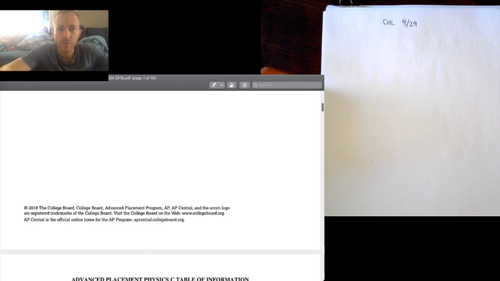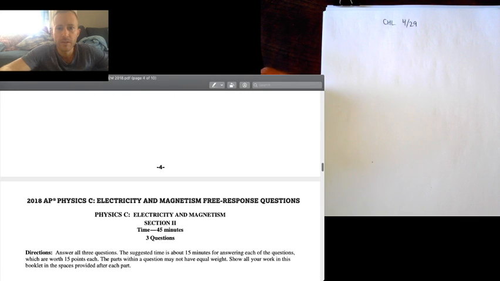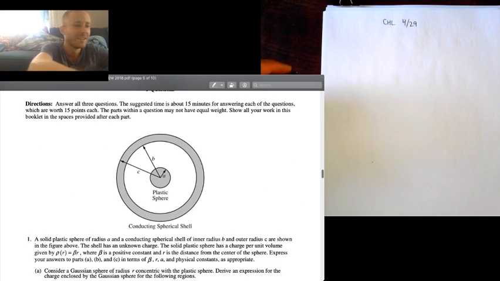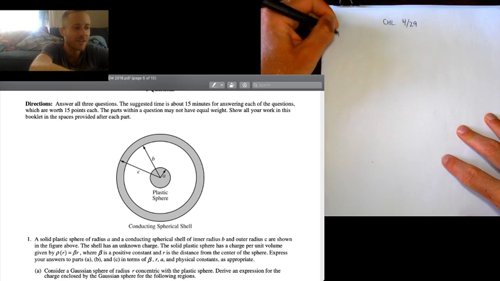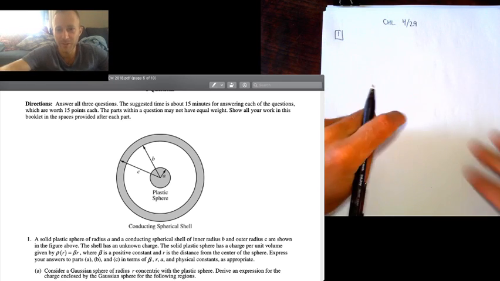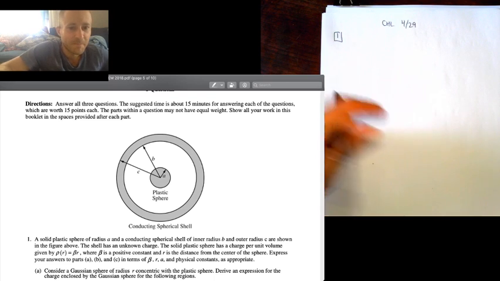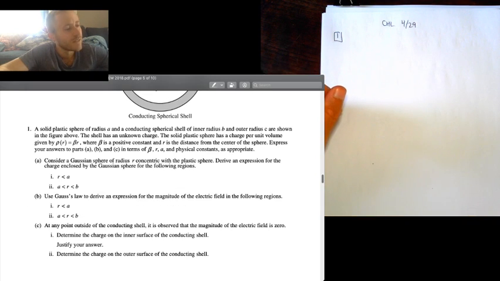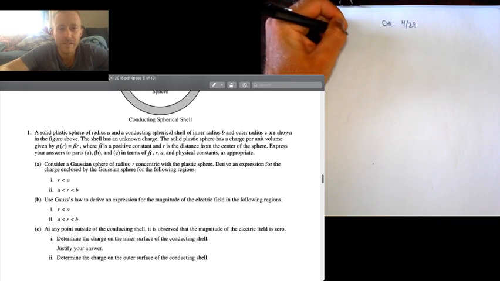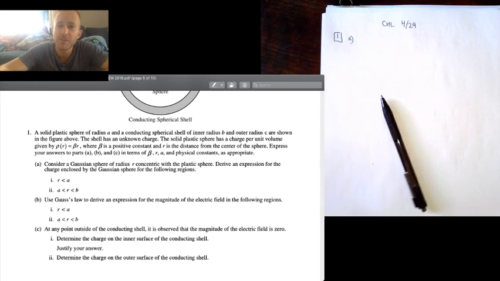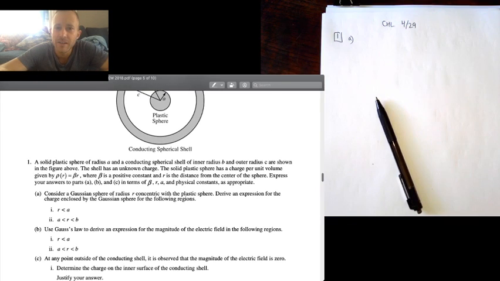So, what do we have for this one? Question one. You can already tell that's Gauss's law, right? You got spheres. Number one says a solid plastic sphere of radius a and a conducting spherical shell of inner radius b and outer radius c are shown in the figure above.